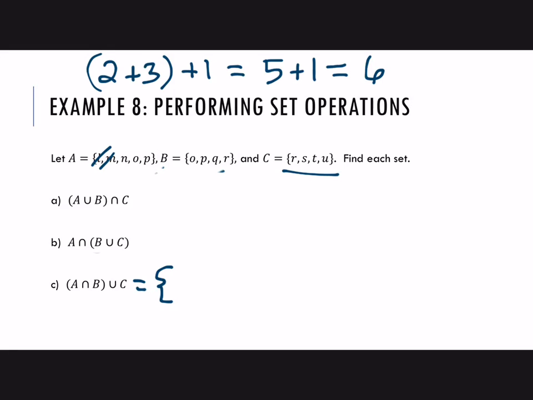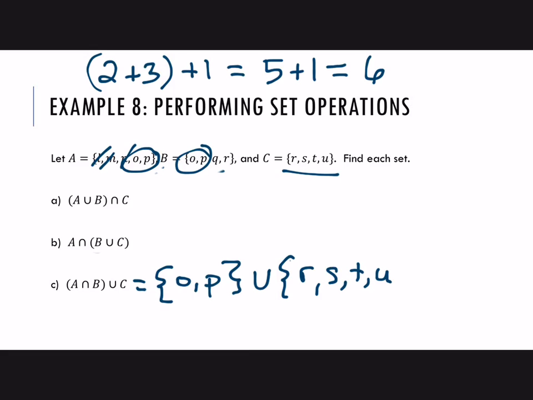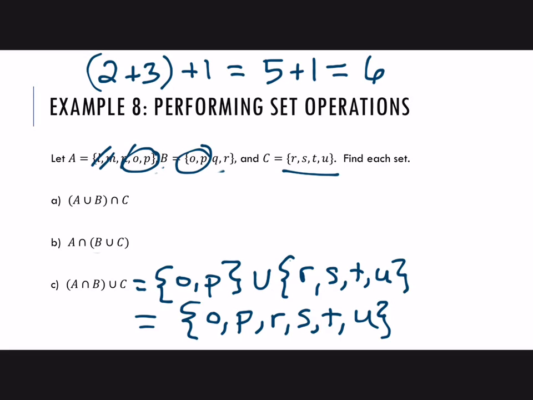I'll cross out the things that aren't in B. But O and P are in both A and B. And then I want to union that with C, which was R, S, T, and U. So the union, combine everything that's in either or both of those sets. So that's O, P, R, S, T, and U. And that's your answer.